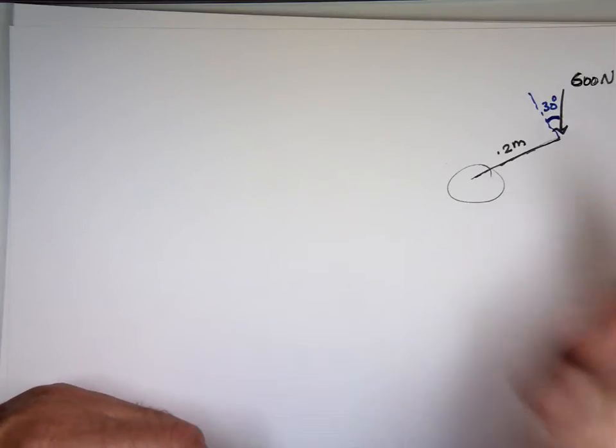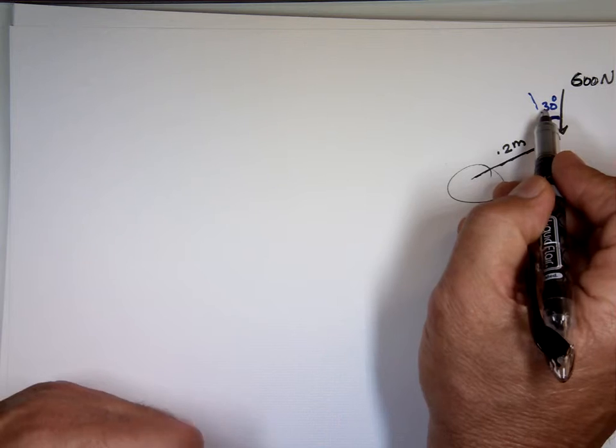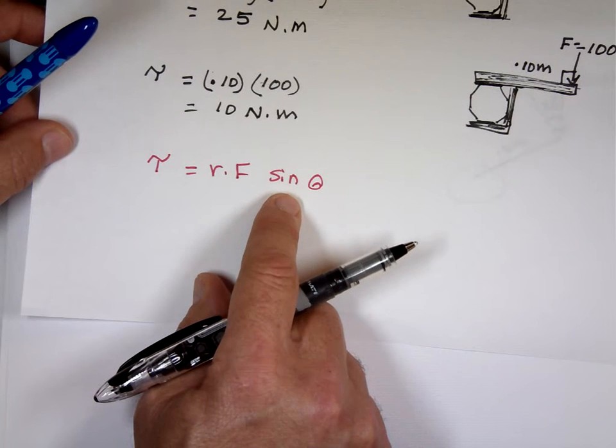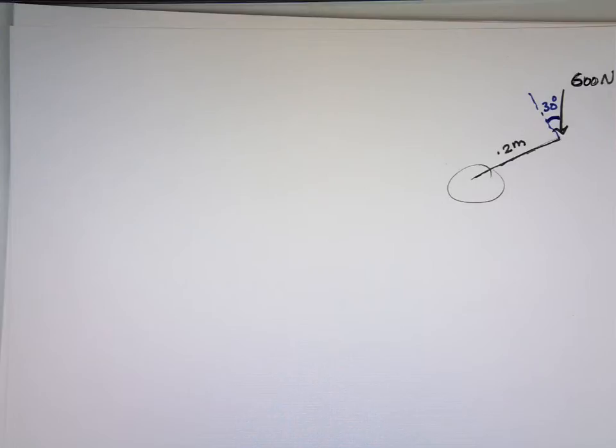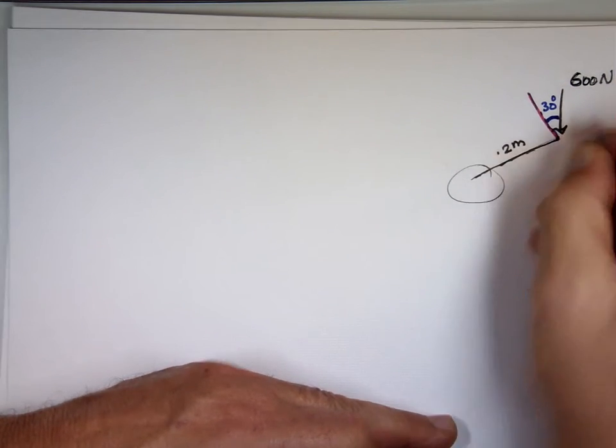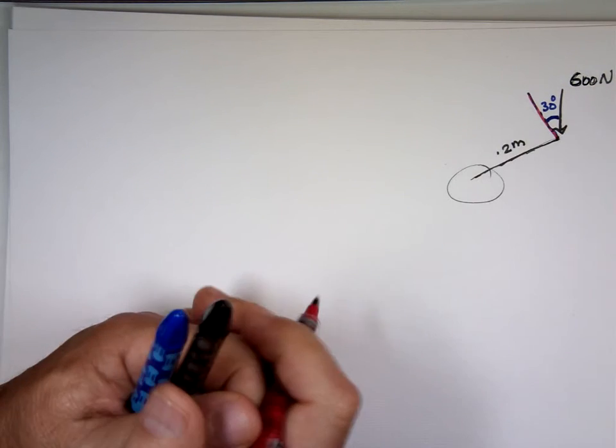Now a few minutes ago I wrote sine theta. It's sine as long as the angle is with respect to the x-axis. But now the angle is with respect to the y-axis. Remember, if I want to get this component of the weight, this piece, this is the side that's adjacent.